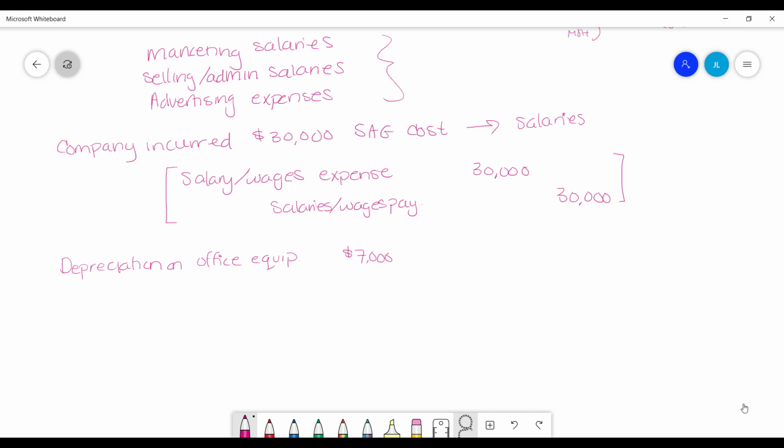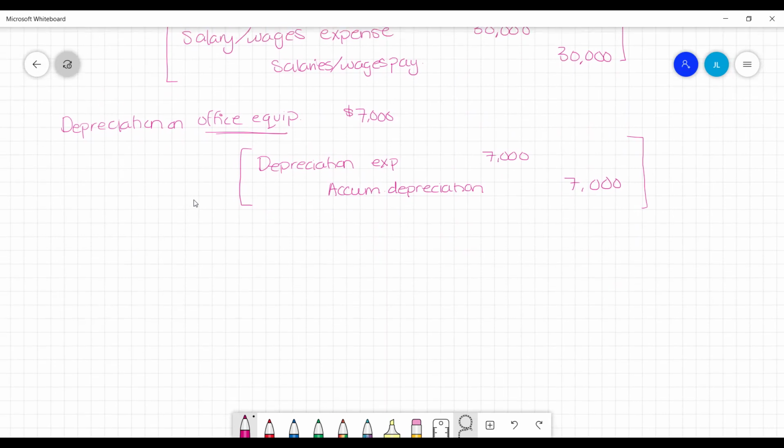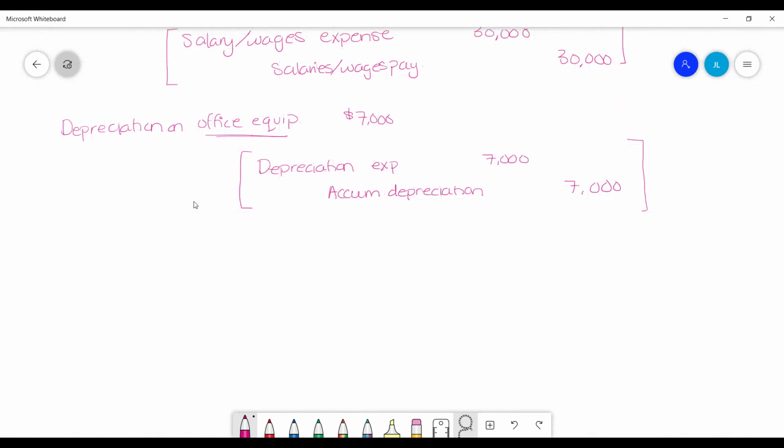Instead, this will be an expense of the period because it's just depreciation on office equipment, nothing to do with the manufacturing side of things. So recall, when you record depreciation expense, you debit depreciation expense for $7,000, and then we credit that contra asset account called accumulated depreciation for $7,000. So that's what our depreciation entry would look like if it's just regular depreciation on regular office equipment. So that's a little bit of a review with regards to recording depreciation.